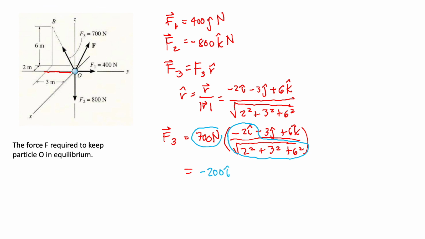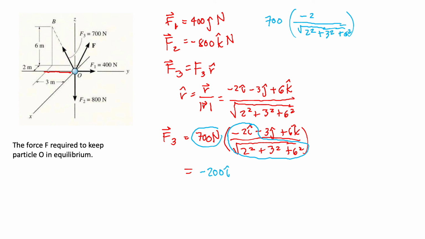When you input that to your calculator, that's 700 times negative 2 over the square root of 2 squared plus 3 squared plus 6 squared, and do it one by one per component.